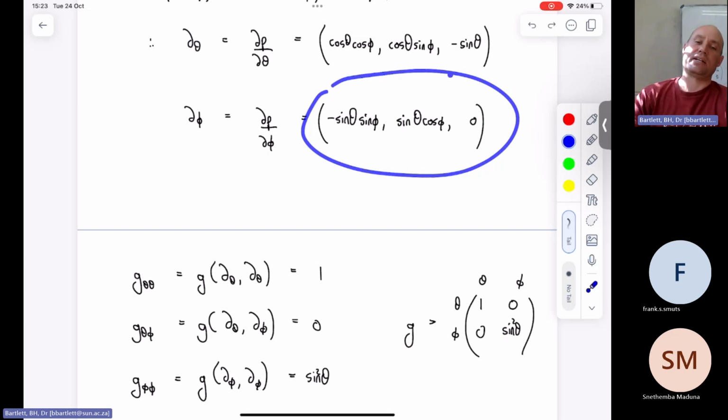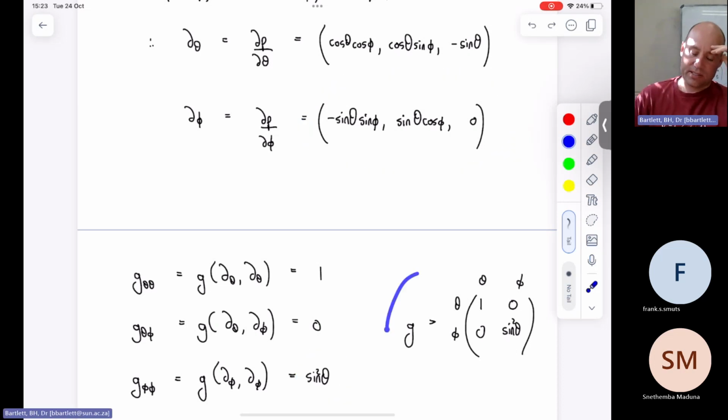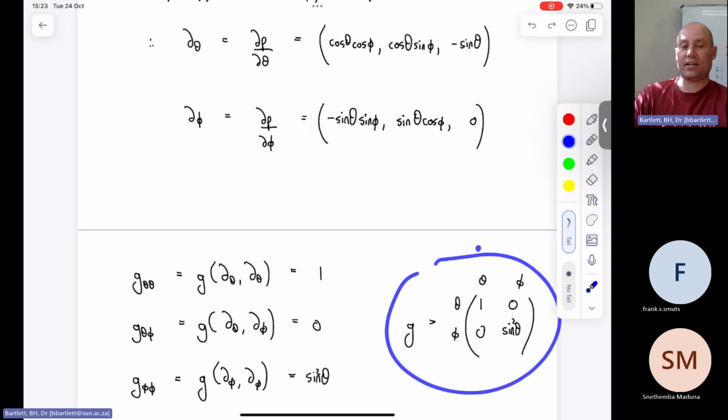So that's going to be sine squared theta. As a matrix, I can write the metric like this. So far I'm just doing Riemannian geometry on the two-sphere, and I've written out the metric in terms of the theta phi coordinates, the latitude and longitude coordinates.